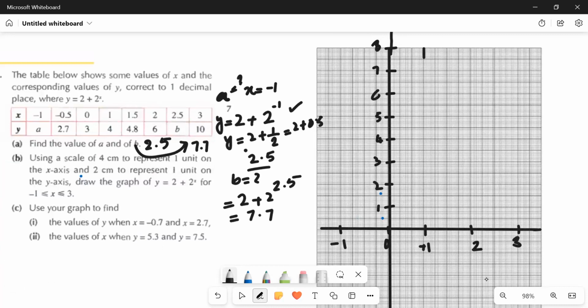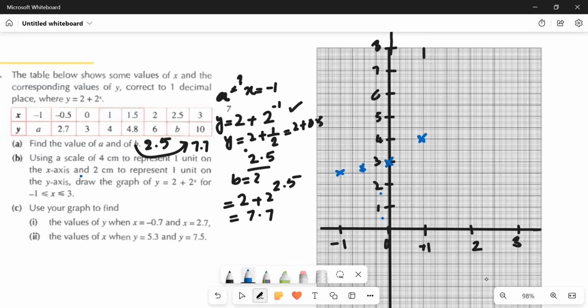For -1 it is 2.5, so 2.5 will be here, and for -0.5 it is 2.7, a little up here. Next, 0 is 3. So this is 3. 1 is 4.